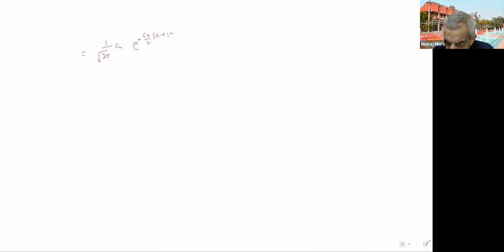Because just look at this, the perfect square will come, and this integral will integrate out, because you know that the integral from minus infinity to infinity of e to the power minus (x minus mu) whole square by 2 sigma square is sigma root 2 pi. So once I make a perfect square, that will give me the value of this integral. So only the term of (a minus t) square will come outside, because that doesn't involve z. That is the reason I have written this as (a minus t) whole square anyway would come. There would be a factor of Cn.